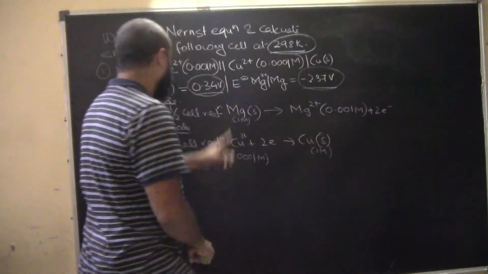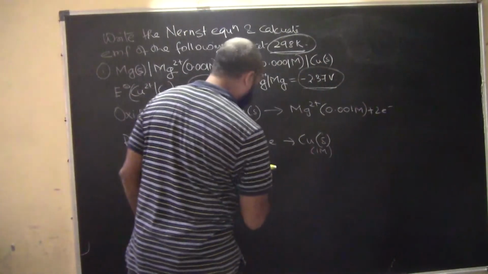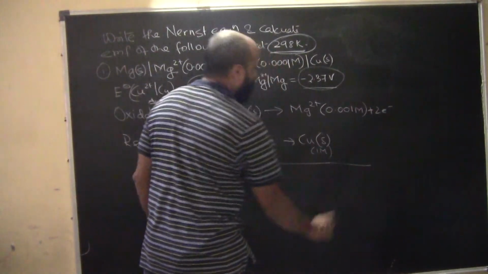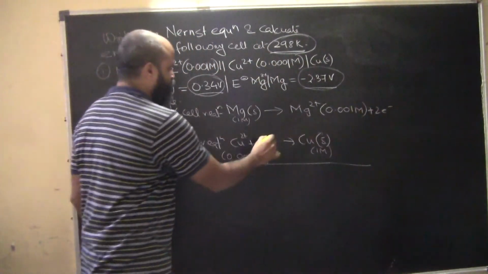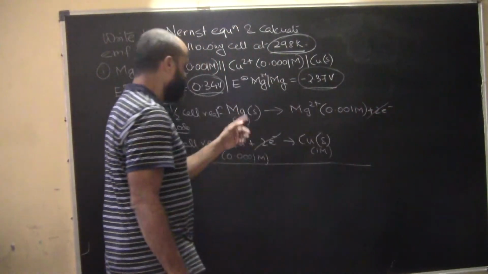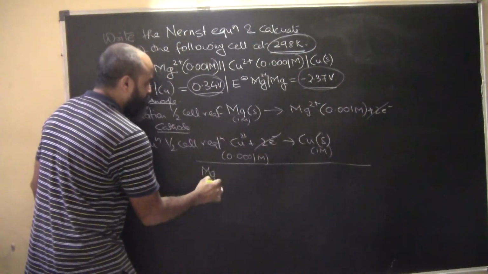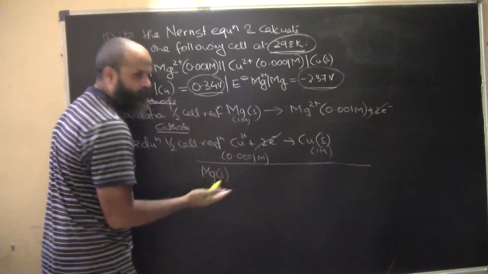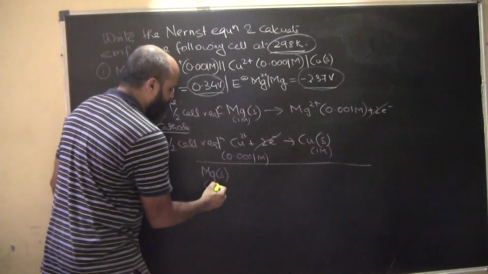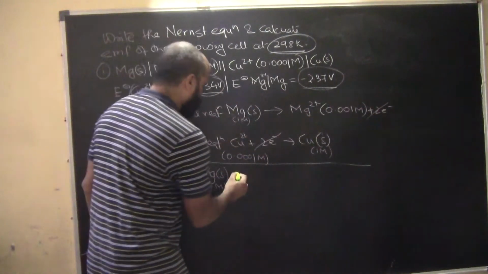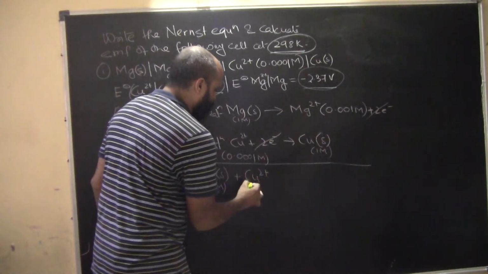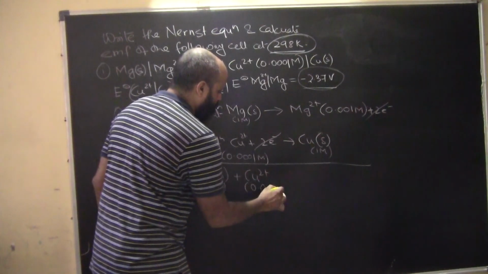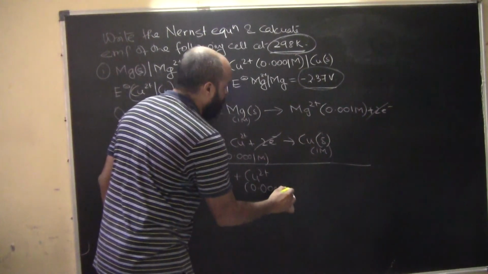So when we add these two, the 2 electrons involved here get cancelled. What do we have here? Magnesium solid, with a concentration of course of 1 molar. We need not write it, it is pretty much understood. Cu2 plus has a concentration of 0.0001 molar, that's what is given.